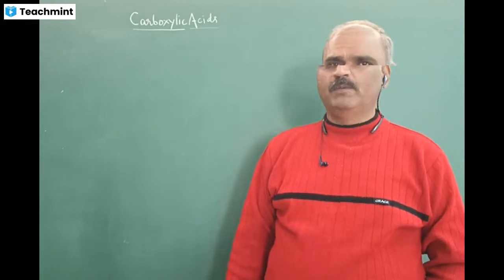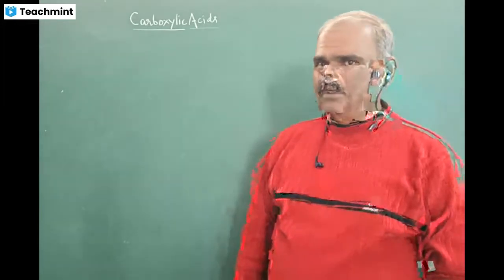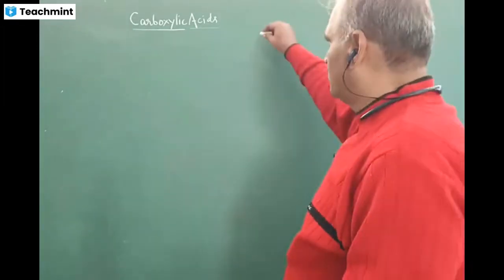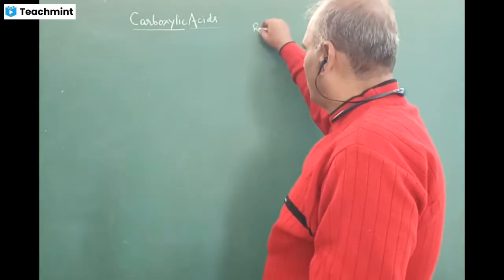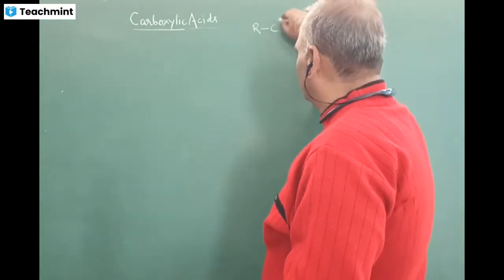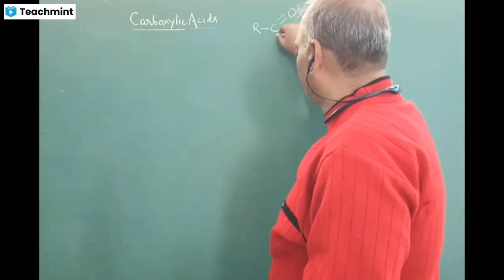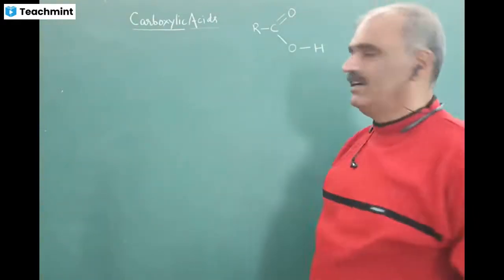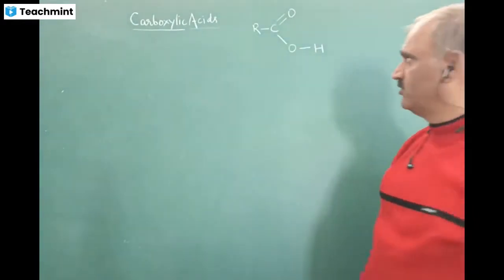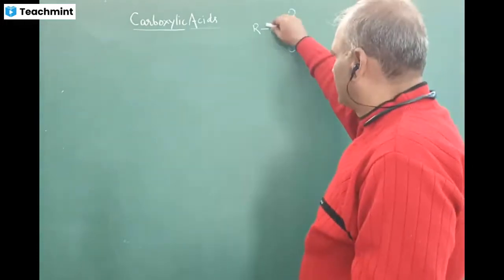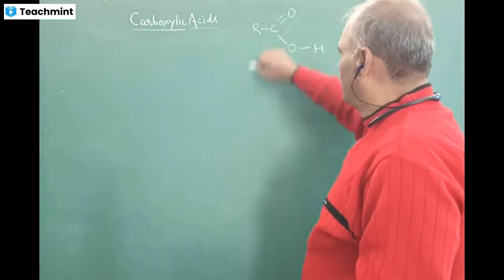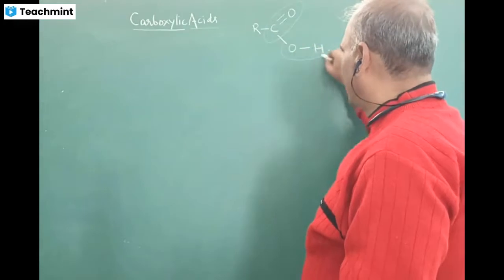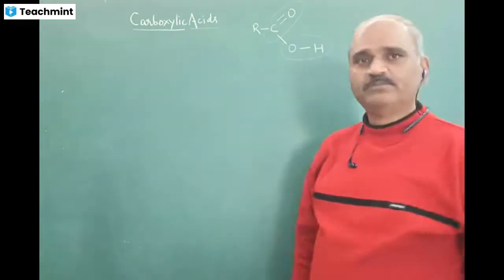Before that, let us see the structure of the carboxylic acid functional group. You know, the carboxyl group has a carbonyl group as well as a hydroxyl group.